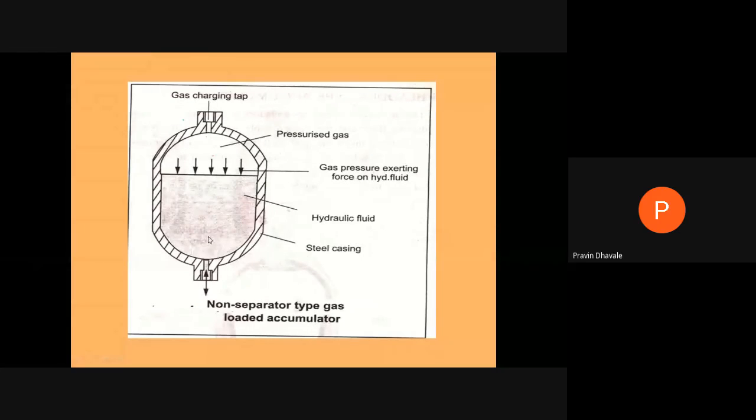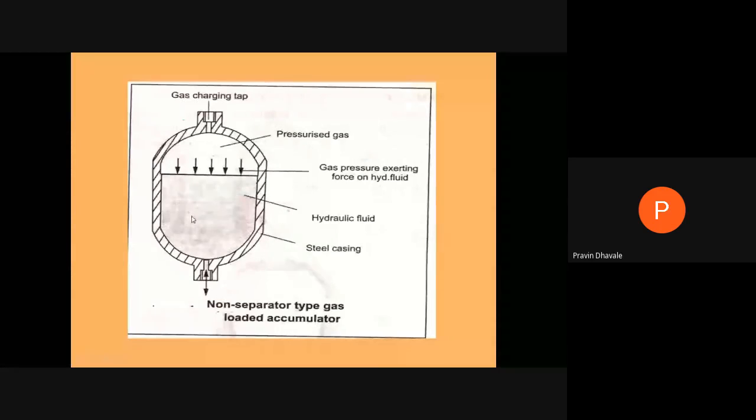Here, we are supplying the pressurized fluid from the bottom. We are supplying the charging gas from the top. And we are supplying the fluid from the pump to this accumulator, forcing in a downward direction.